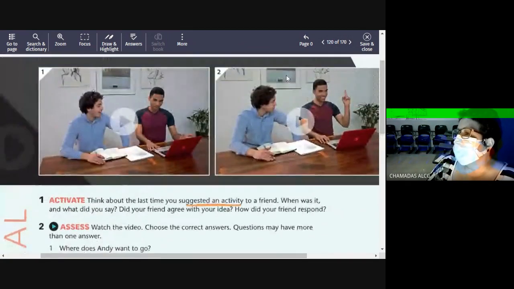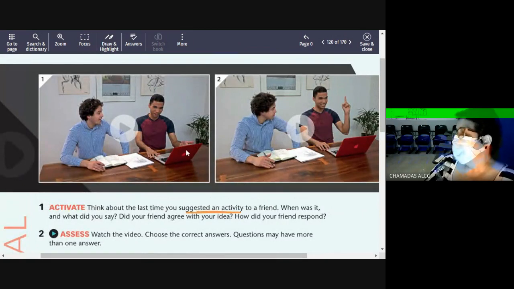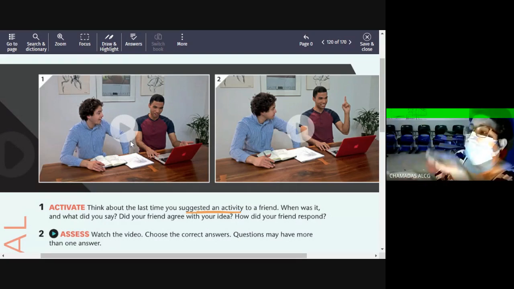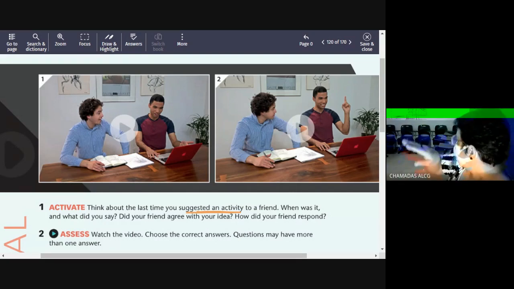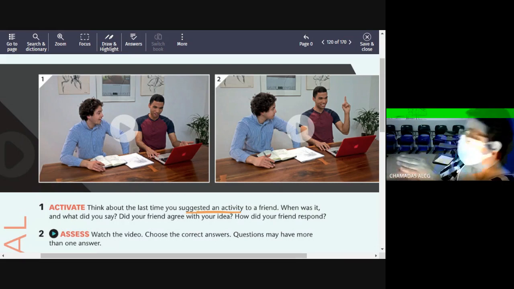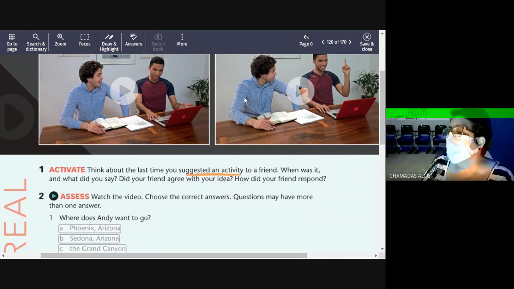So let's see what's happening here. So as we noticed, the situation here is similar. One is suggesting something to the other. Okay? All right? One is giving the other some suggestions.